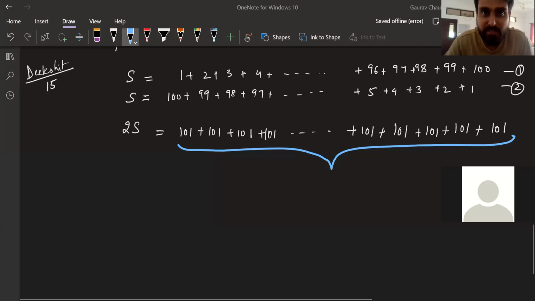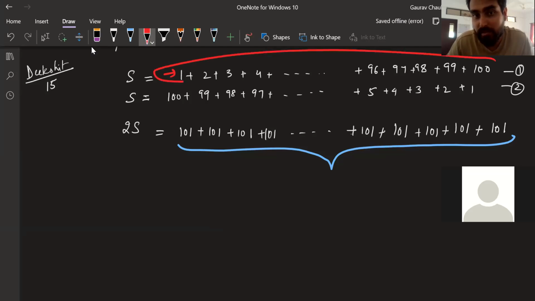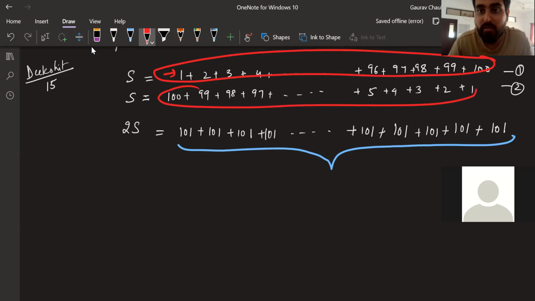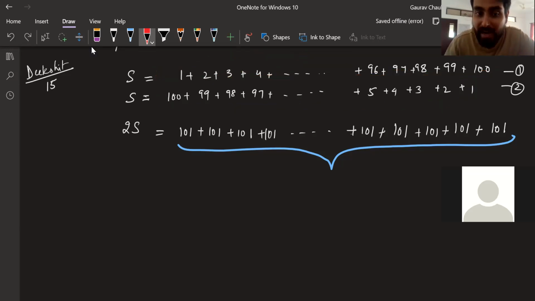MG, you are getting this. MG, it's not 50 times because I have written everything from 1 to 100 in the first time also, and everything from 1 to 100 in the second time also. So when I'm adding this, it is getting repeated. One is here also, one is here also.